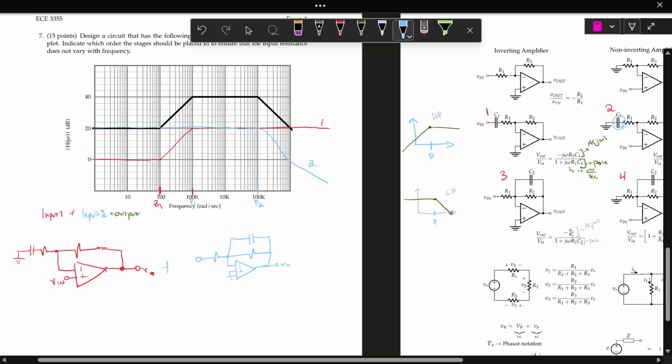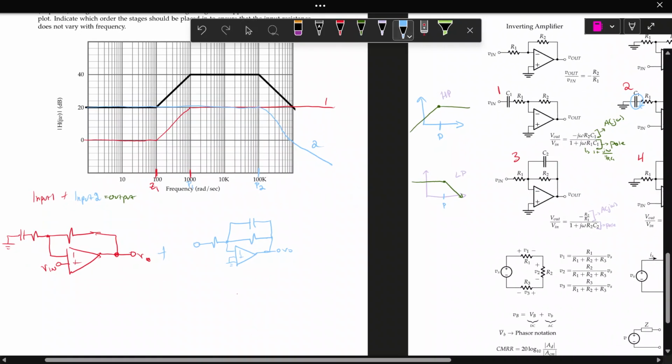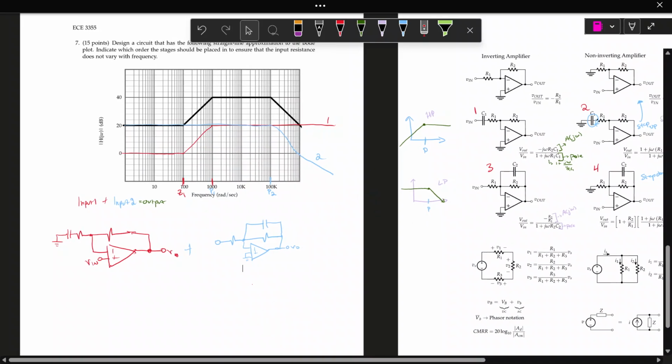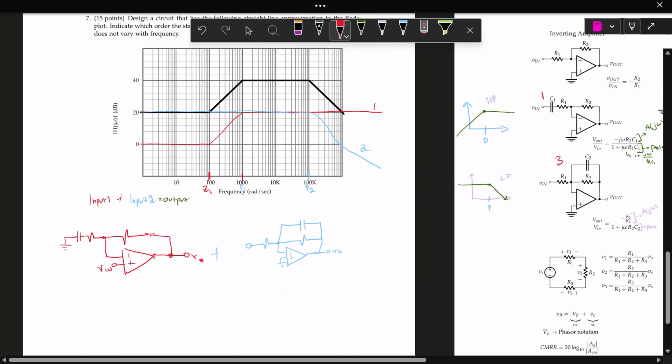This one's an inverting input, so this one changes, of course. So we have a non-inverting amplifier and we have an inverting amplifier. All right, so now let's label our values. We can say this is C1, this is R1 and R2. And then the other one, let's say this is R3, I'll do it in blue here, R3, C4, and R4.